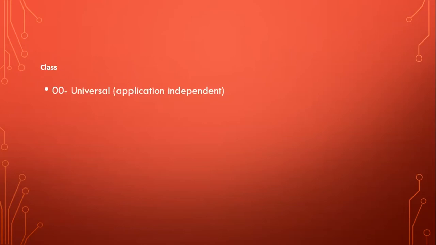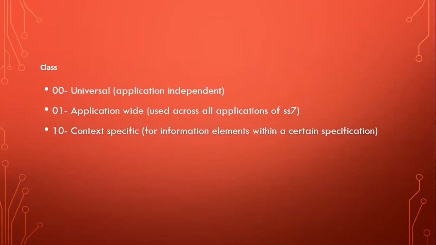And if the tag starts with 101, it's application wide. And if it starts with 10, it is context specific. And finally, if it starts with 11, it's for private use, or it is reserved for certain information elements.